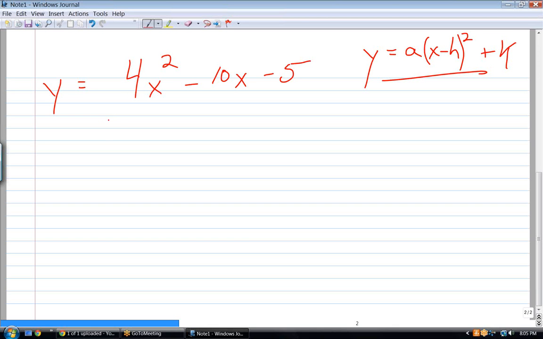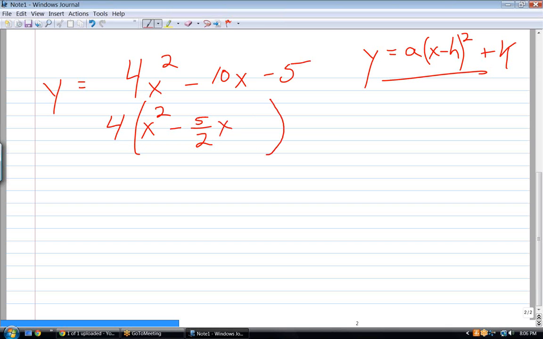Factor out 4. Okay. What's this middle term become? 10/4 if we're keeping it in fractions. Okay, let's reduce that to 5/2.